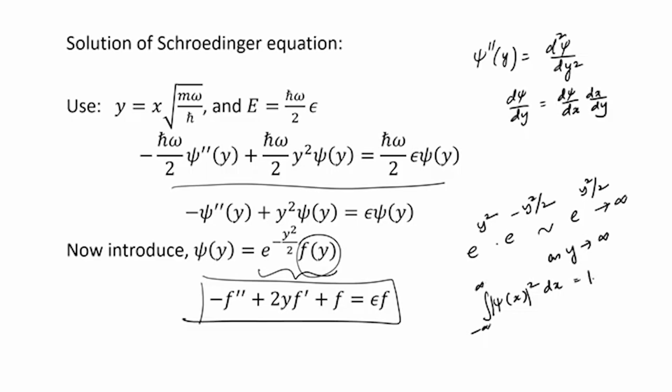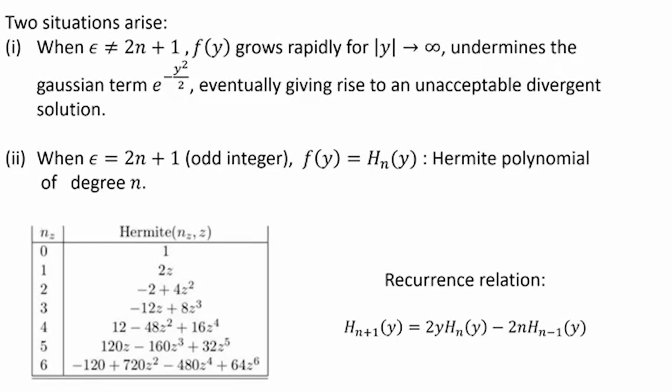And this tells you about the square integrability of the wave function, which is when you integrate the square of that, it should give you some finite number. And clearly, if the wave function goes to infinity as y goes to very large values, then the square integrability is going to be harmed, and that is not a desirable situation.